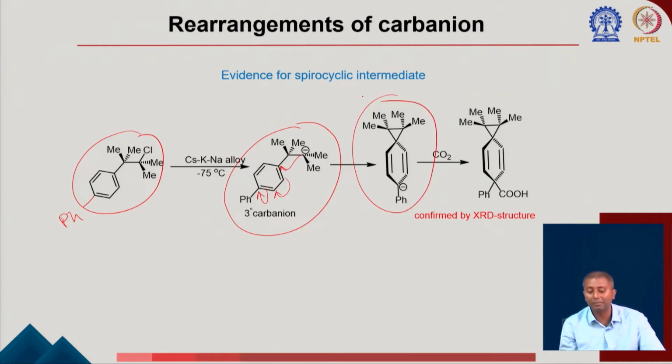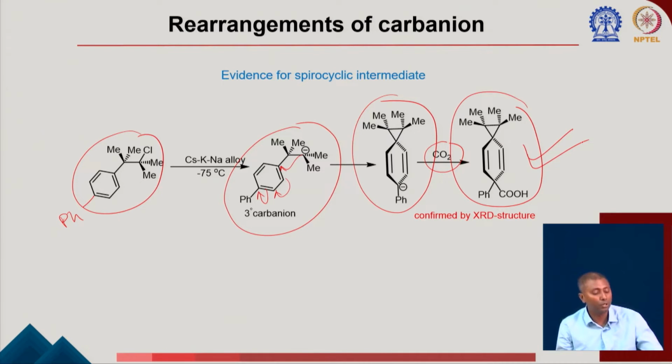Again, this is a benzylic carbanion getting stability, so it is able to react with CO2 to form the corresponding product, and this last compound can be isolated, and it was confirmed through the XRD structure. So this is giving clear evidence of this 1,2 aryl shift.